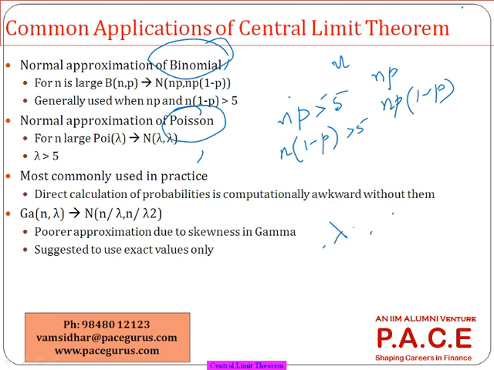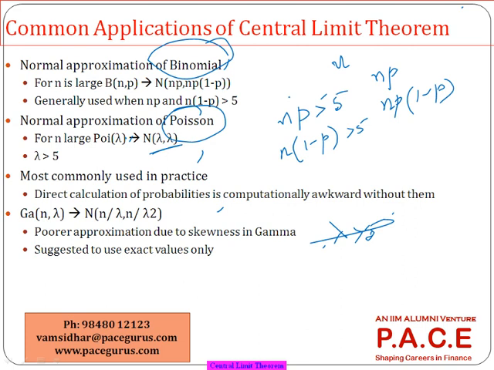So, if lambda is greater than 5 in any question, I can think of the normal distribution approximation to the Poisson distribution. In that case also the normal distribution will have a mean of lambda and a variance of lambda.